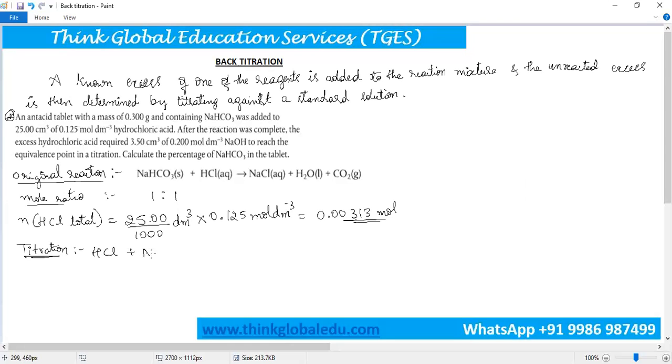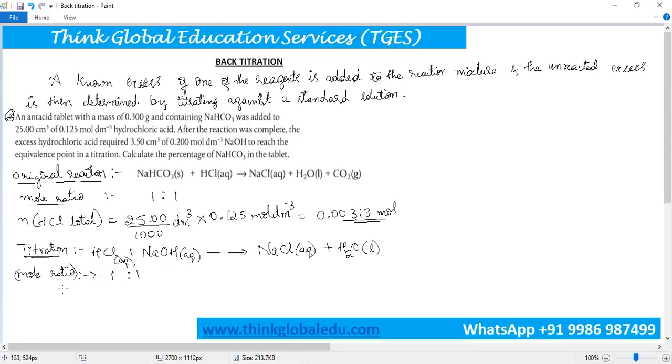The excess unreacted HCl is titrated against the aqueous NaOH to produce NaCl and H2O. So the mole ratio of the titration reaction will be 1:1.